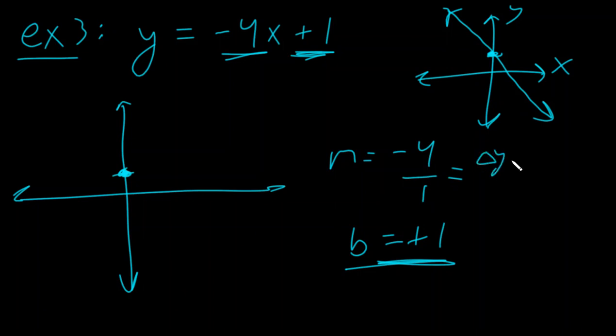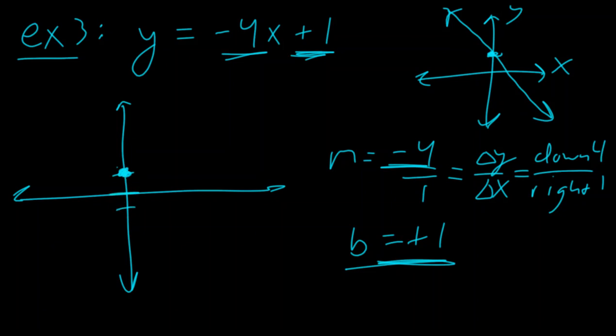Remember, it's delta y over delta x, which means we are going to go down 4, and we're going to go to the right 1. Remember, when you have a negative y value, you're going down. So I go here to my initial point, I count down 1, 2, 3, 4. I go to the right 1, fill in my tick mark, and now I could begin to draw my line.